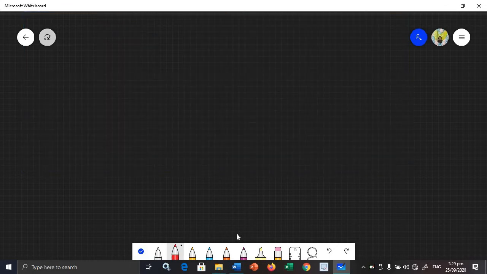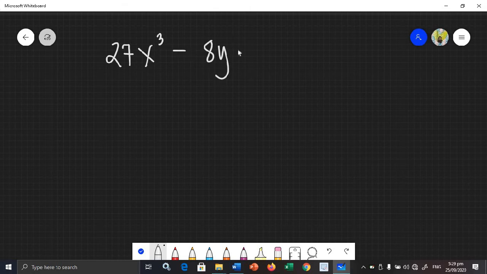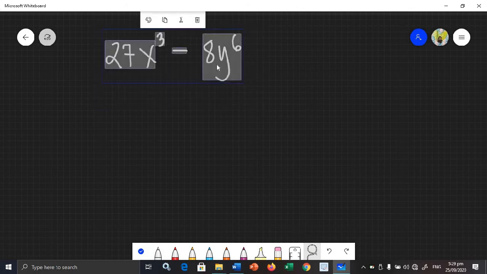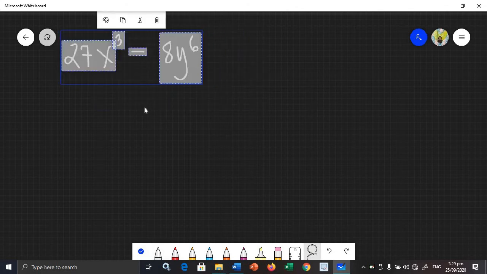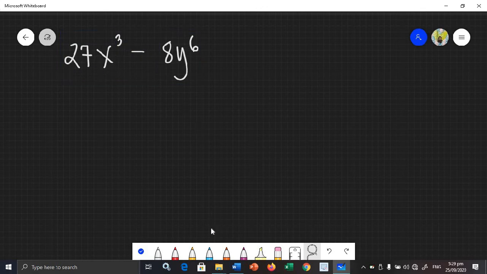So, let's say we will factor this one: 27x cubed minus 8y to the 6th power. So obviously, the given is an example of a difference of two cubes, diba? Kasi yung sign sa gitna nila is a minus sign.